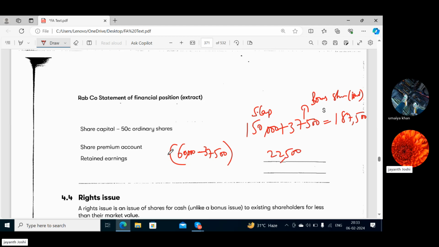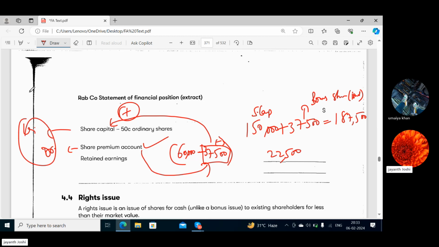This amount has been removed from share premium account and added to share capital account. That means this got debited and this will be credited. This is the treatment in journal entries, so don't get confused.